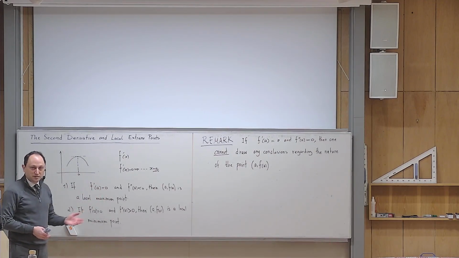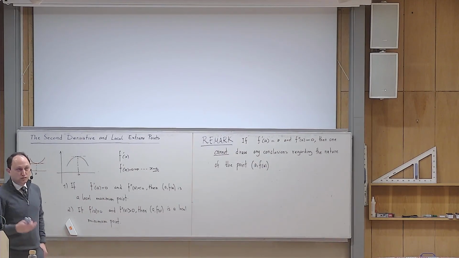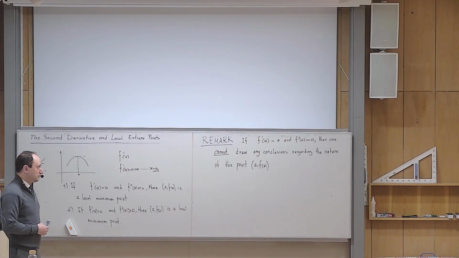In both cases, it is very easy to differentiate two times. But if the function is more complicated, which you will see in Mat 4 later, the first derivative might already be a little bit tedious, let alone doing it once more. Okay, any questions here?